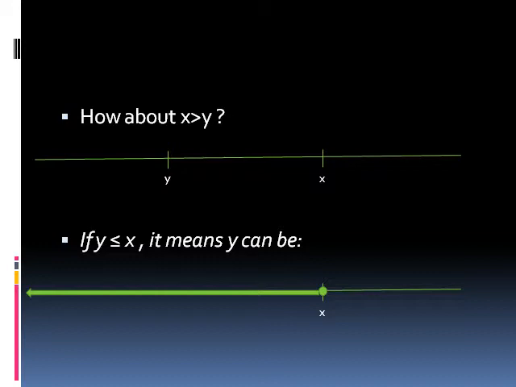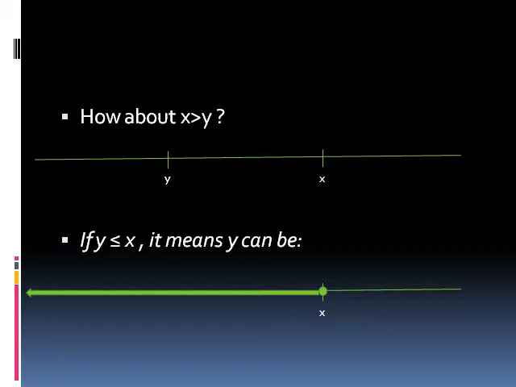Okay, so now what if I don't want both of the variables on the number line? I just want to show the relationship of y and x, by what y can be in terms of x.